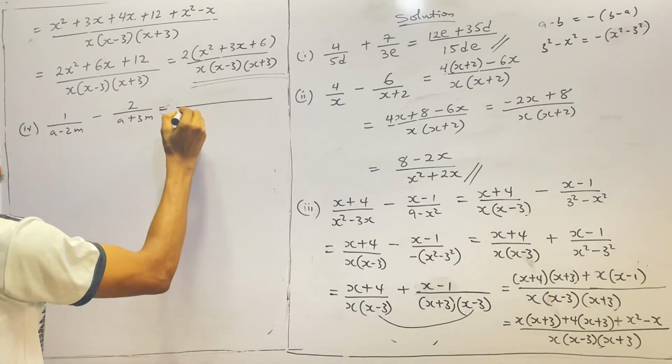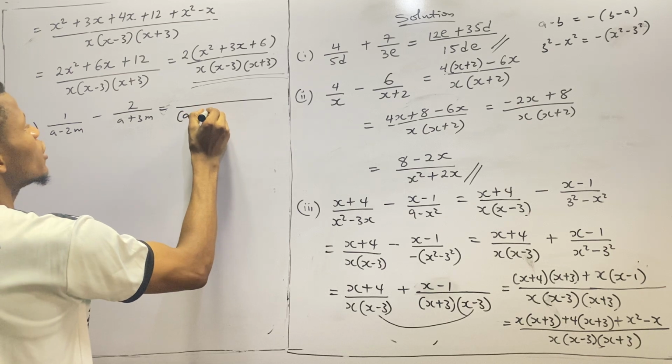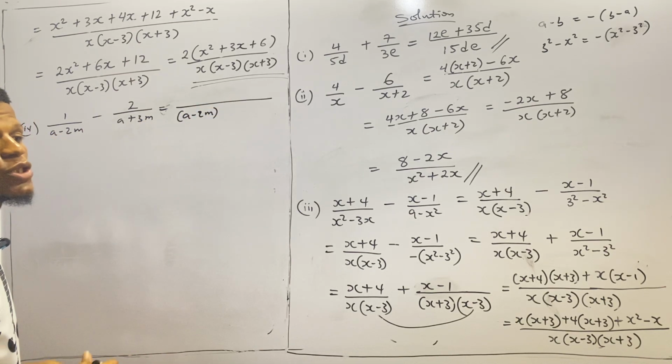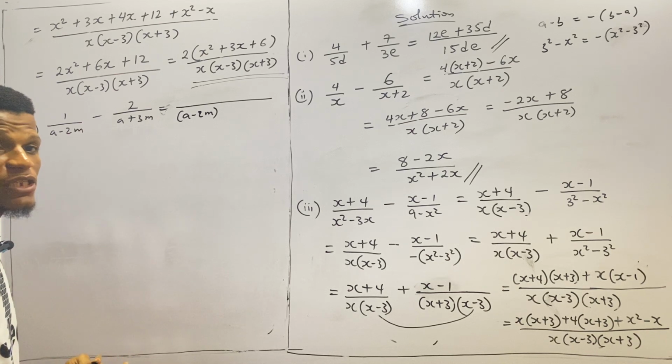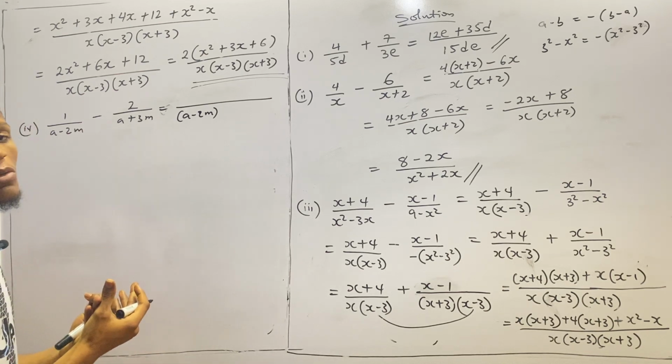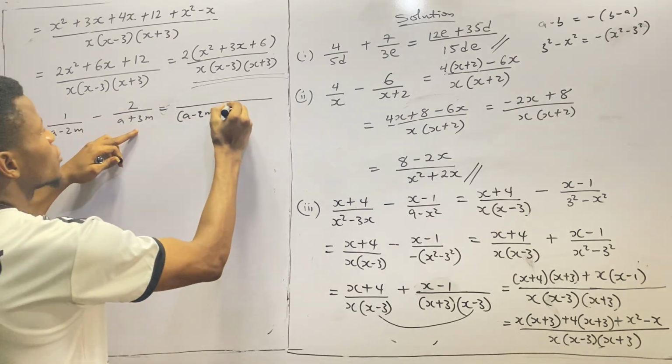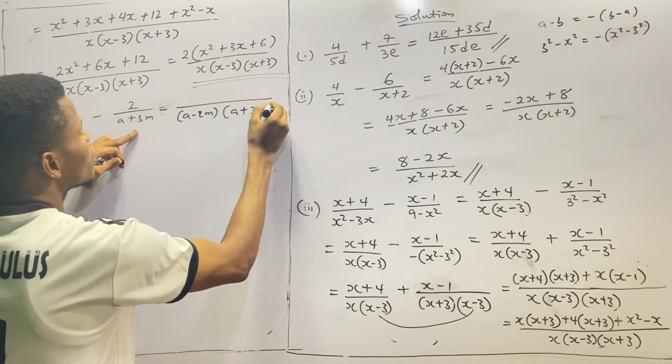Which is a minus 2m. Once there is no common factor between two or more terms you are looking for their LCM, their LCM will be the product of all of them. So we have a minus 2m times a plus 3m.